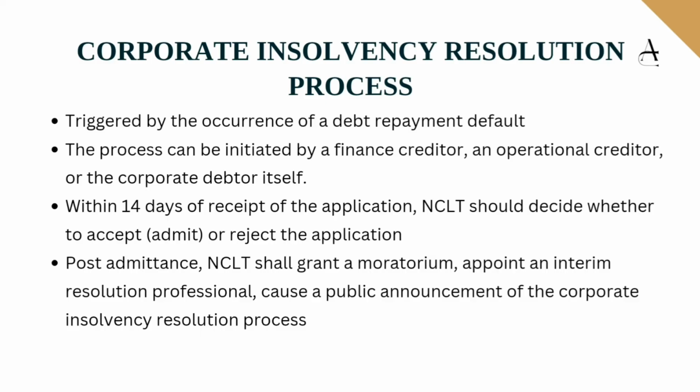Okay, once NCLT admits this application, it will grant a moratorium. It will appoint an interim resolution professional as well as cause a public announcement of this corporate insolvency resolution process. Okay, it will say that for this particular company or individual, we are starting this insolvency resolution process.